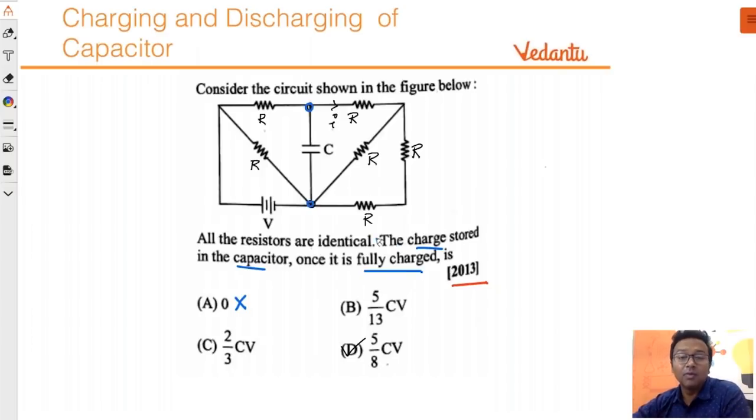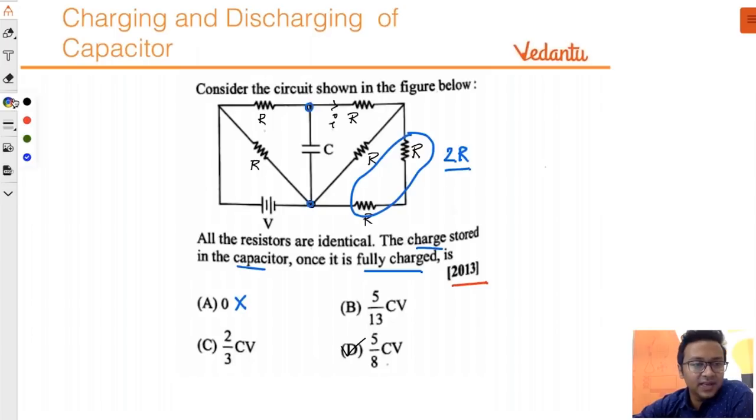Now, what we understand from here is that these two are basically in series. So the net equivalent resistance becomes 2R. Now with this 2R, this R is in parallel. Clear? So 2R and another R, how much would it become? That would be nothing but 2R by 3.